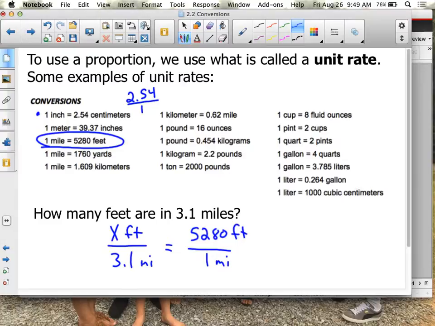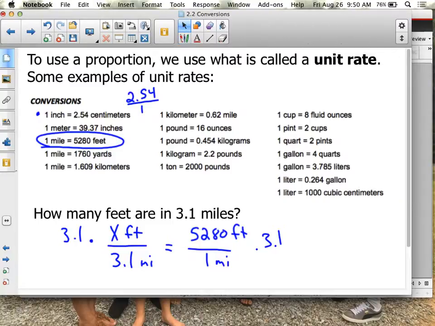So as we learned yesterday, we want to solve this maybe using reciprocals. I noticed that the variable's in the numerator. So instead of dividing by 3.1, I'll undo this by multiplying by 3.1. And actually what I'm going to do is I'm going to highlight something here. I'm multiplying by the idea of 3.1 miles. And I want you to notice what happens to these units now.